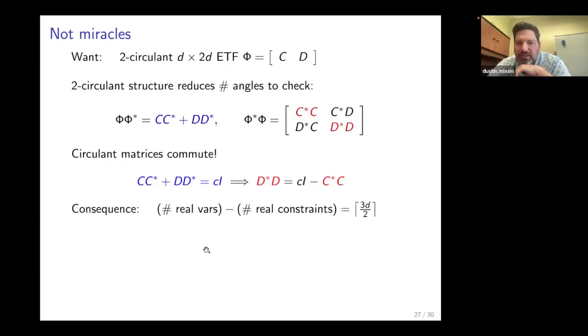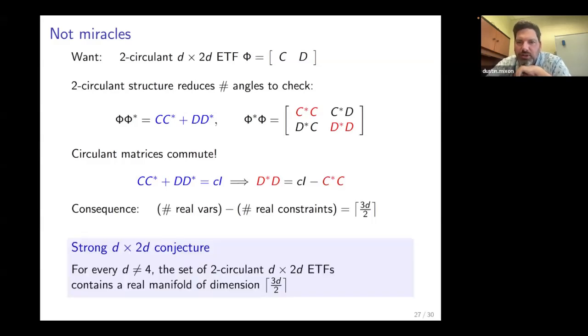All told, if you were to take the number of real variables that determine a two circulant ETF, and you subtract the number of ETF constraints, you'll end up with a positive number, this particular number right here. So there are more variables than constraints. That's telling us that these things want to exist, okay?